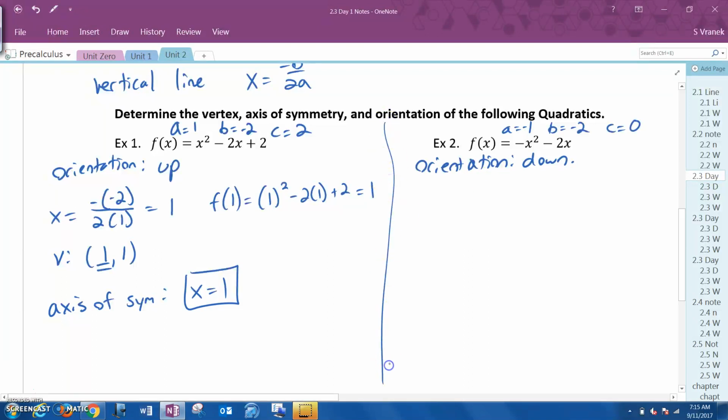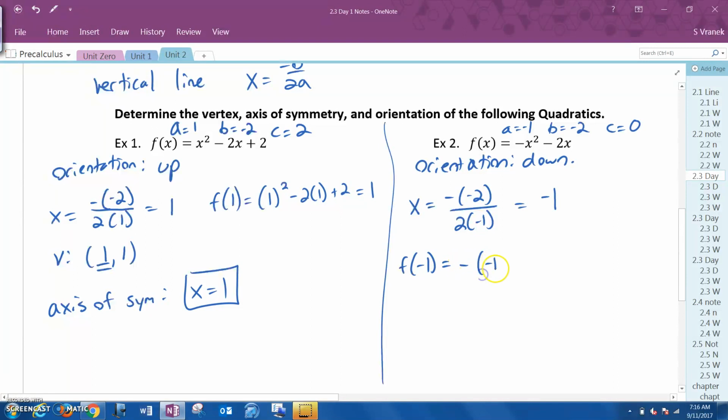So over here we have to find the vertex. First we're going to start with x equals opposite b again, which is negative 2, all over 2 times negative 1. So this becomes positive 2 on top, but negative 2 on the bottom. So you get a negative 1 for your x coordinate of the vertex. Then we find out what the y value, or the function value, is.